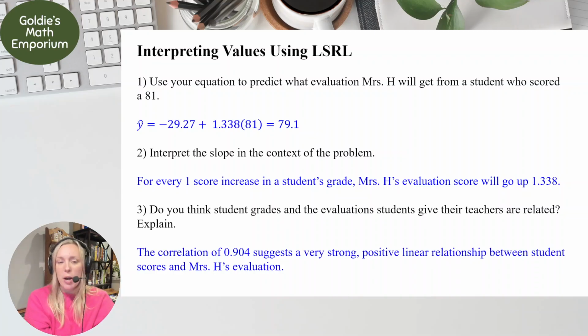It's very close to 1. So it does suggest a very strong positive linear relationship between student scores and Mrs. H's evaluation. So right now with these questions, all we really have to support our opinion is correlation. We have more advanced inference methods, again, to help us concretely determine yes, they are related, or no, they are not related. And we'll get to those.